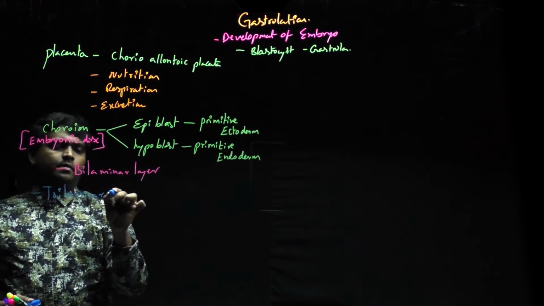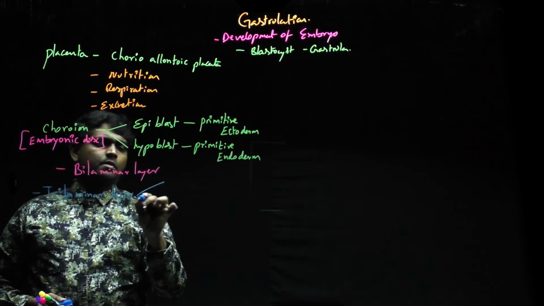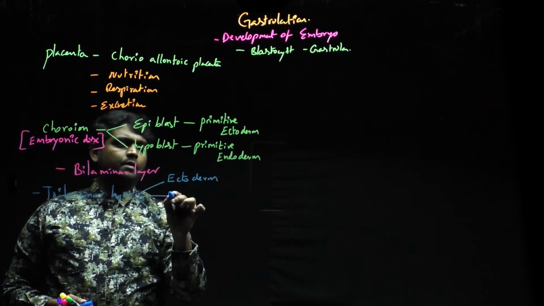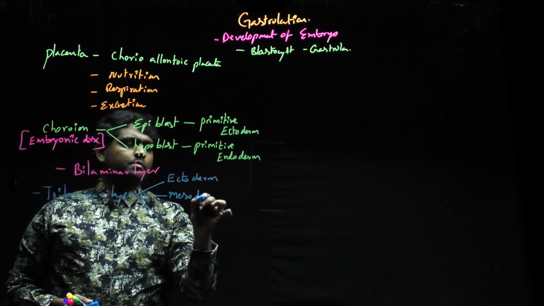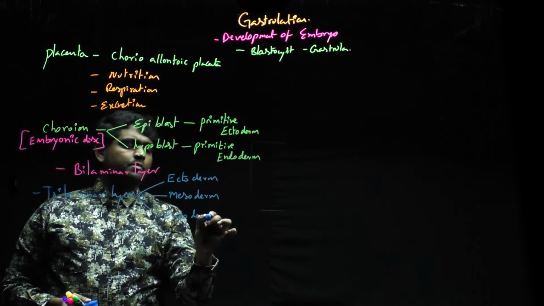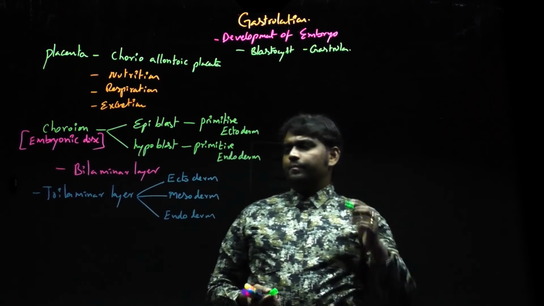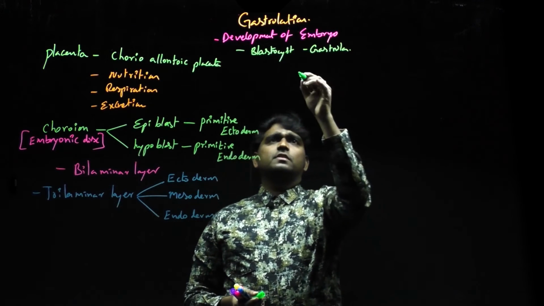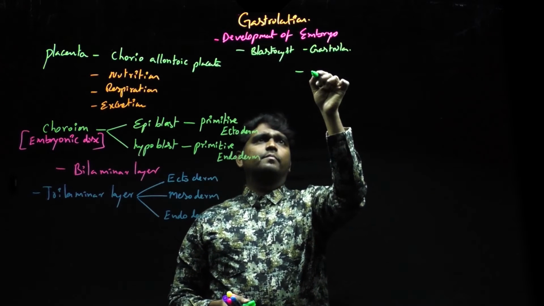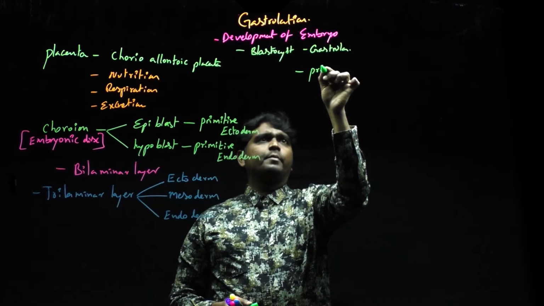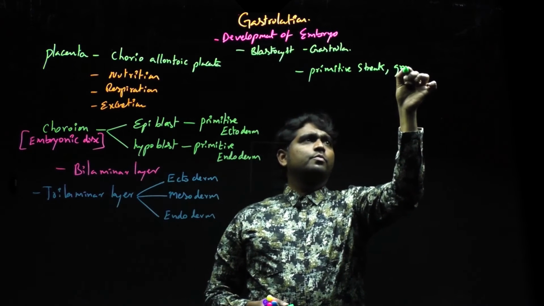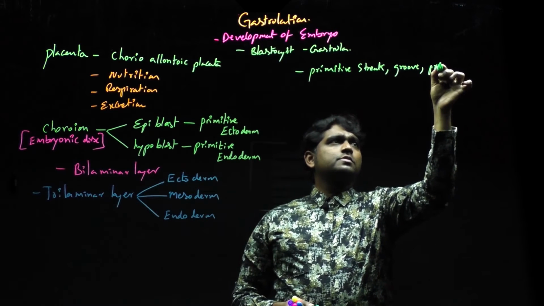The trilaminar layers are ectoderm, mesoderm and endoderm. In the stages of gastrulation, the embryo gradually forms the primitive streak and groove and becomes the primitive knot.